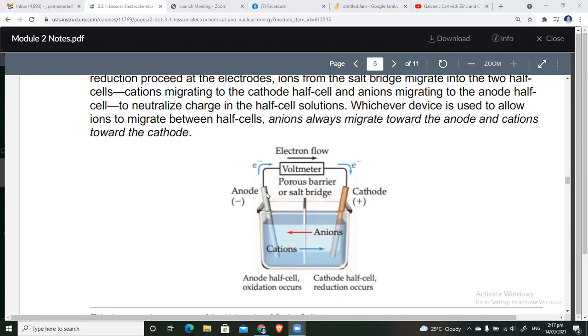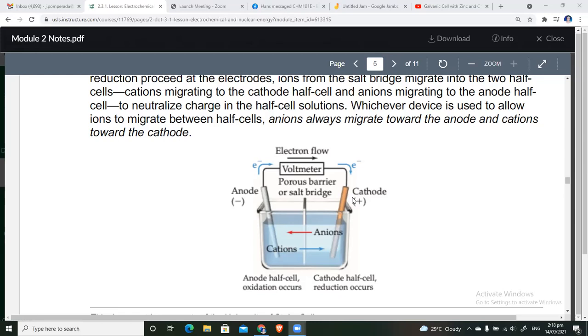So electrons, if we specify flow of electrons, it's supposed to be from the left to the right, as I have accidentally mentioned also a while ago. But in terms of migration of ions, it's both. Anions from right to left, cations from left to right.